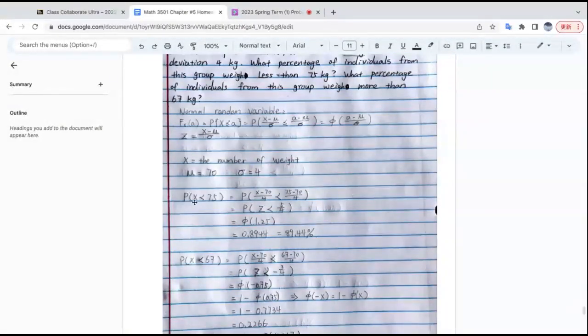So the probability of X less than 75 is equal to the probability of (X minus 70) over 4 less than (75 minus 70) over 4, which is the probability of Z less than 5 over 4, equal to Phi of 1.25.